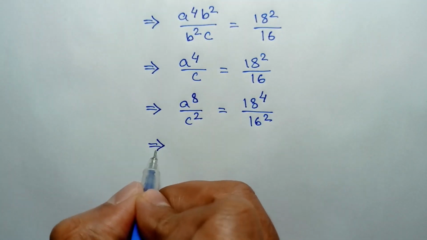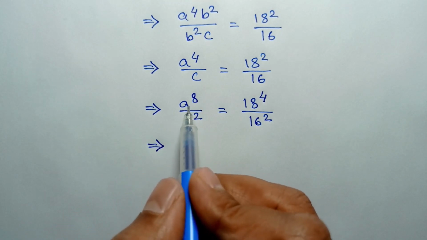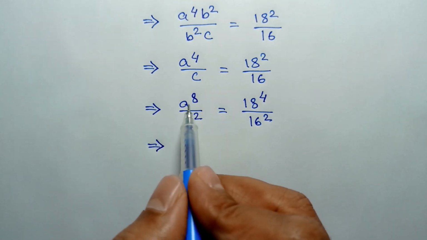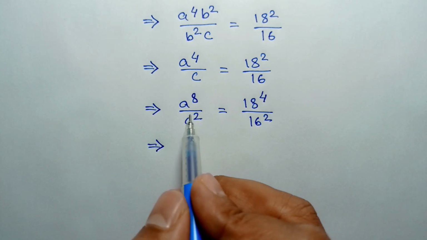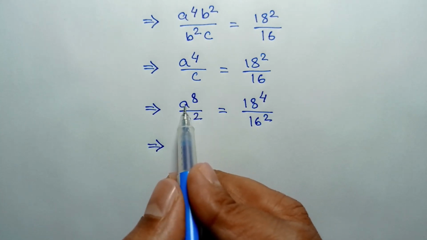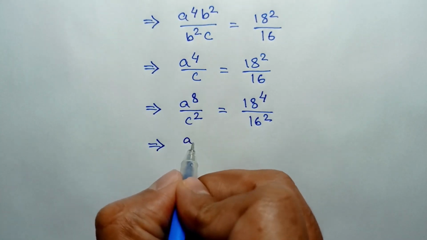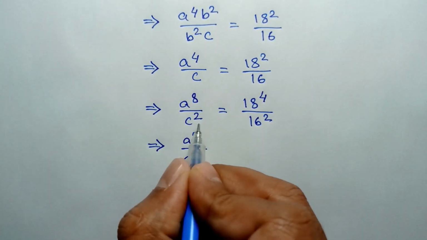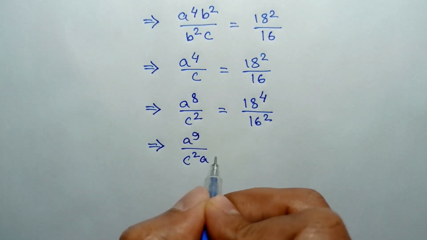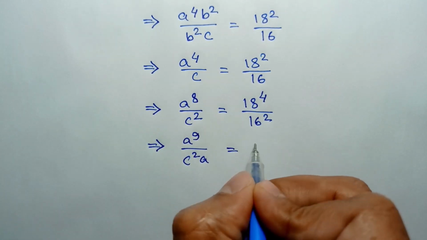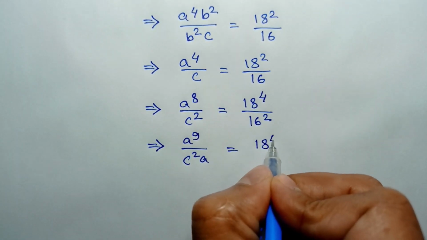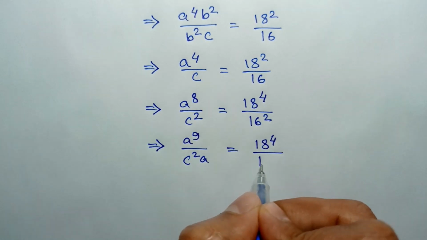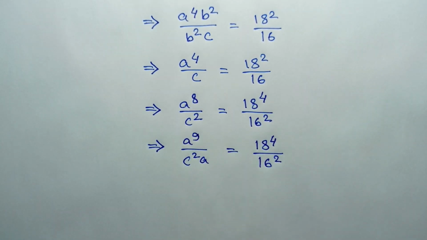Now multiplying both numerator and denominator by a, we can write a to the power 8 times a is a to the power 9 over c square a is equal to 18 to the power 4 over 16 square.